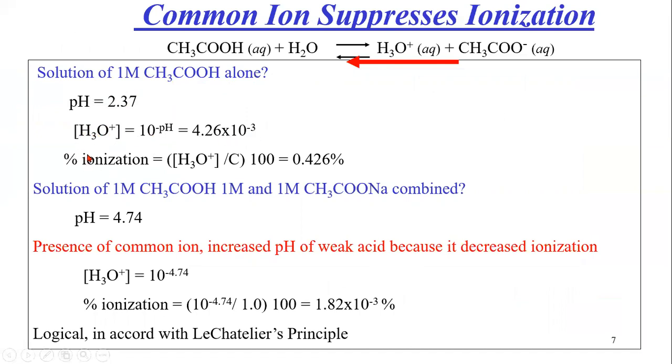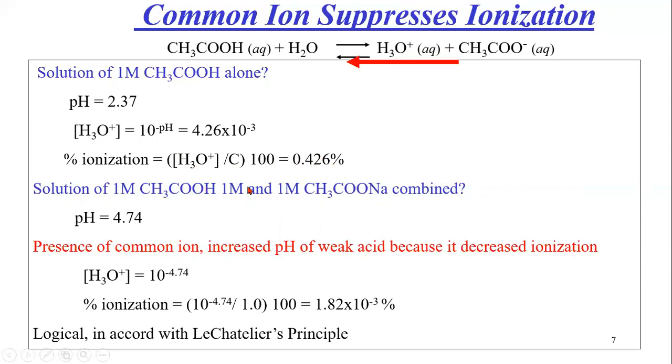So if I'm asked for percent ionization for the acetic acid alone, it would be that acid concentration divided by C. And here it's better to use the acid, because that comes from my acid dissociation and not the A minus. Times 100, which gives me 0.426%. So percent ionization of the acid alone is this number, approximately 0.4%.